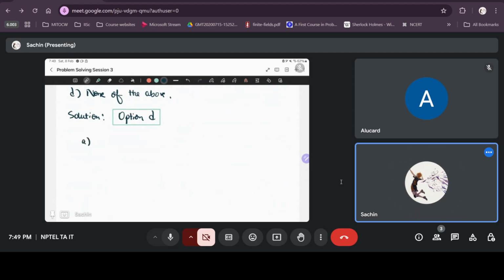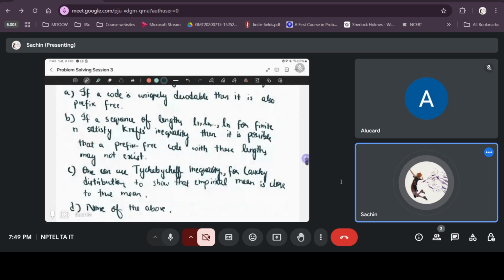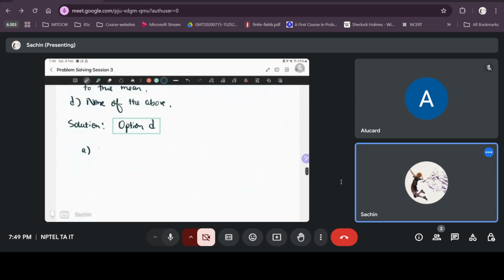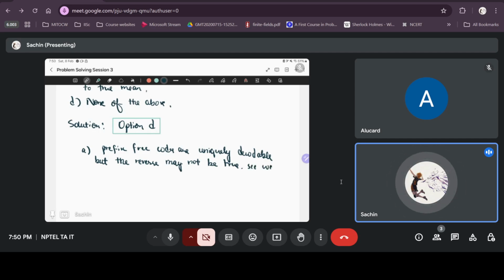So for A, the statement A was false because prefix-free codes are uniquely decodable, but the reverse may not be true. You can go see week 2, lecture 1.